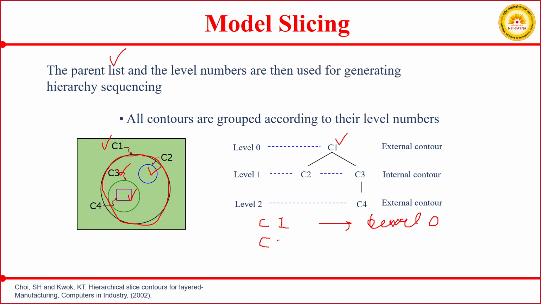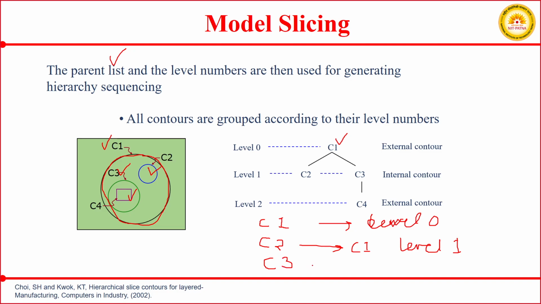For C2, we will see the parent list. Who is the parent for C2? For C2, the parent is C1. We will increase the level by 1, suppose level 1. Let us not talk about levels right now; it will be discussed further.